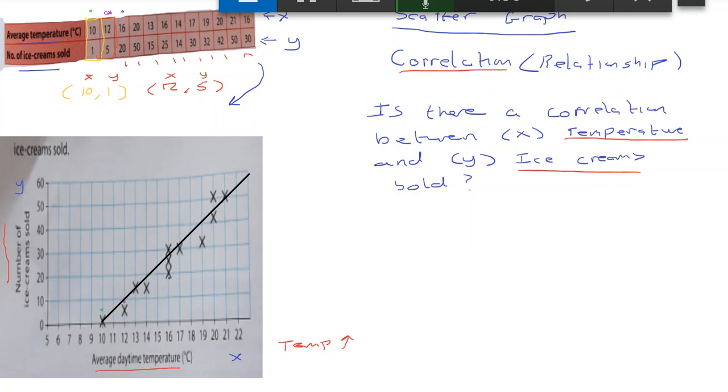What we can see here is as we move across, this y value goes up. As you move across, the y value goes up. So as the temperature increases, the y value increases as well. So what we could say with this one is that we have what's known as a positive correlation.